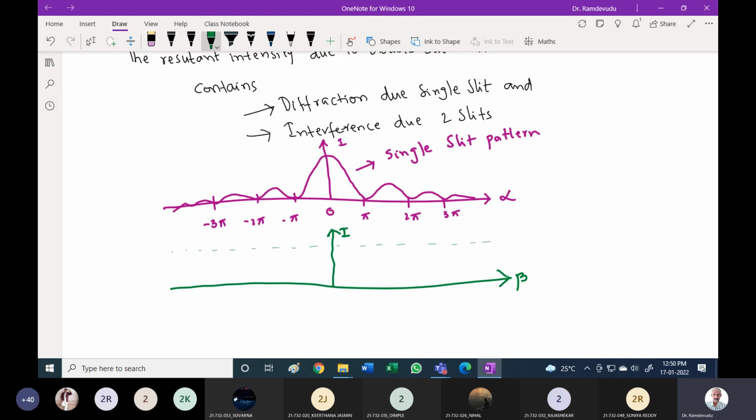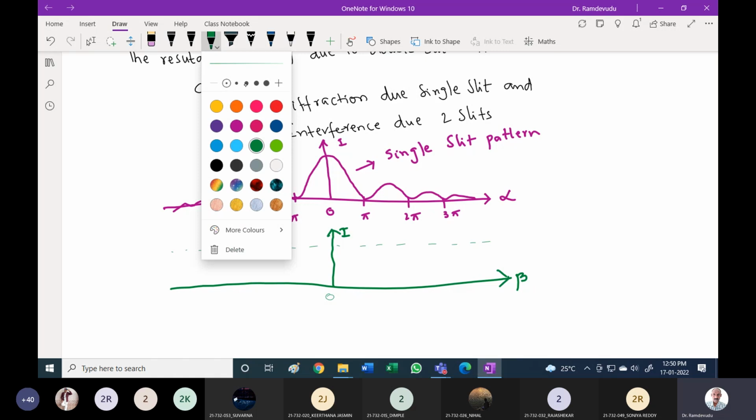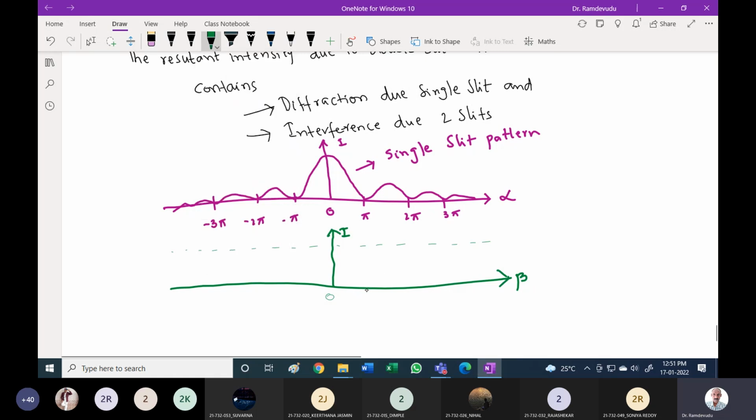Hence, at 0 point, I have a maximum. I will take here pi, again at pi we have maximum, 2 pi we have maximum, 3 pi we have maximum interference. So minus pi, minus 2 pi, minus 3 pi, and so on.